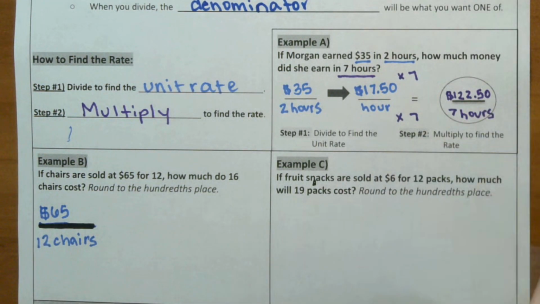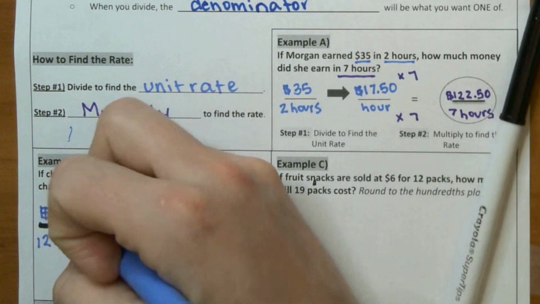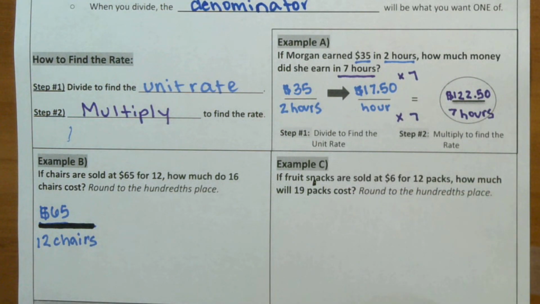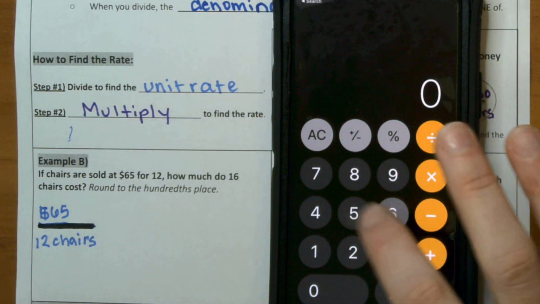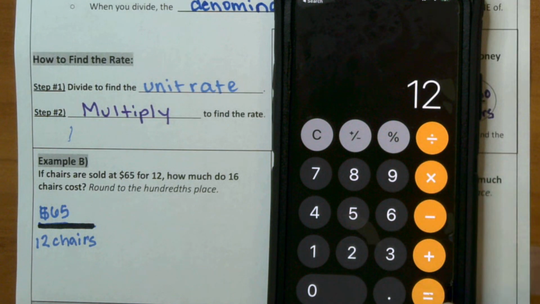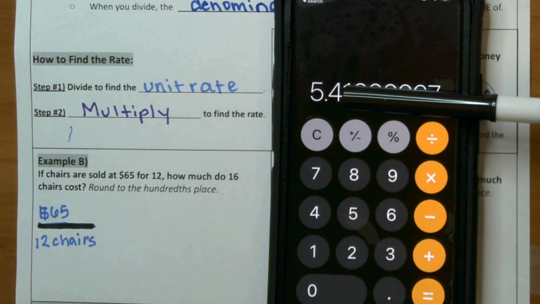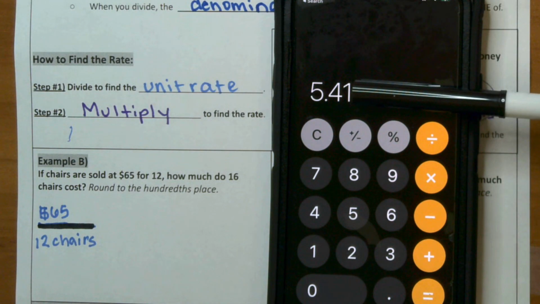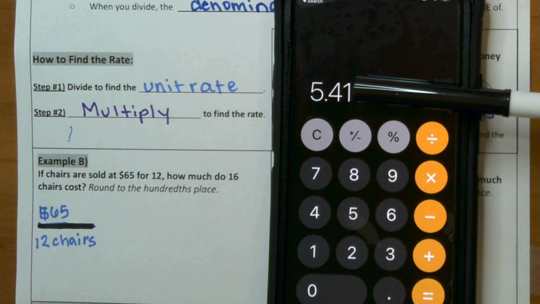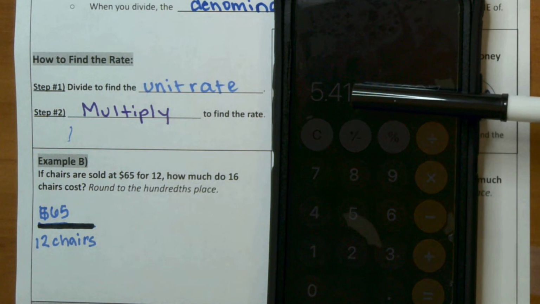All right, so 65 divided by 12. When I plug that in my calculator, I get 5.4166 and so on, ending in 7. Okay, so if we're rounding to the hundredths place, that means I'm going to have two numbers to the right of my decimal. All right, so this is either going to stay 5 and 41 hundredths, or it's going to bump up one to 5 and 42 hundredths.